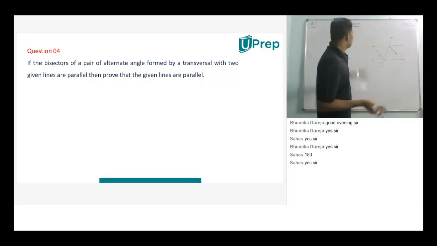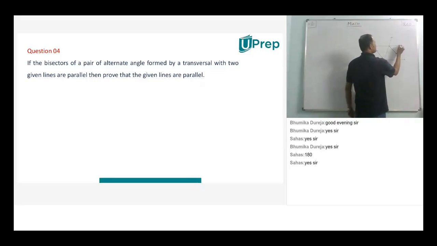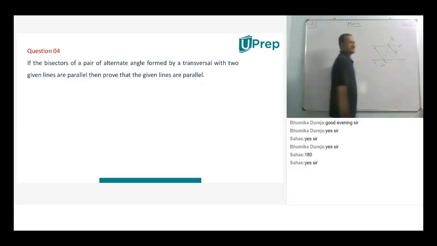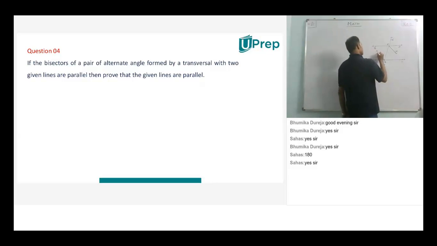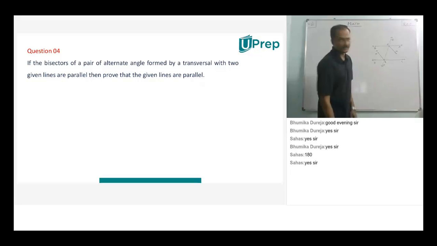Now what do we have to prove? We have to prove that these two lines are parallel. Let me name the lines now: A, B, C, D, E and F. Now EF intersects AB at a point P and CD at a point Q. PM is the bisector, QN is the bisector.